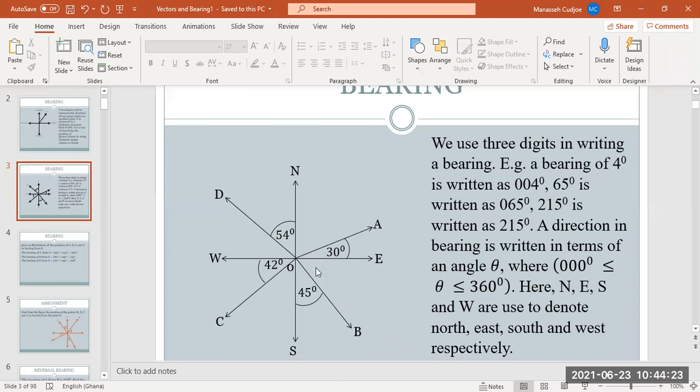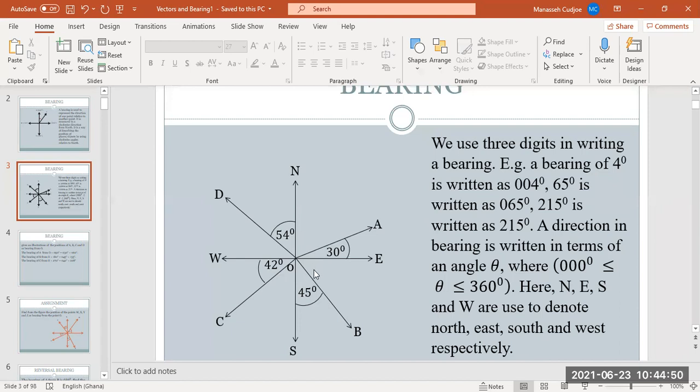Likewise, I can find the bearing of B from O. I'll still have to face the north direction and move in the clockwise direction. When I get here, it's a quadrant, so this is 90 degrees. Then I have to cover up to here.